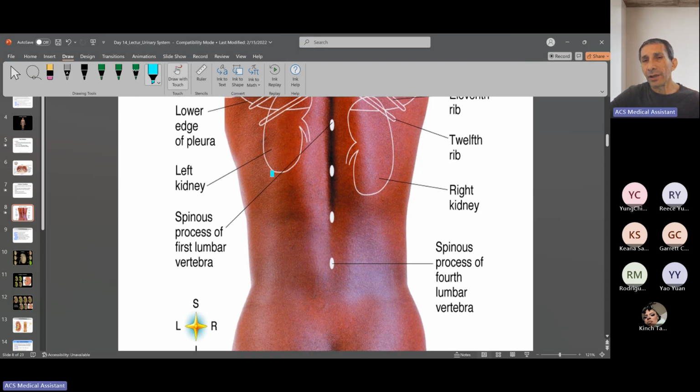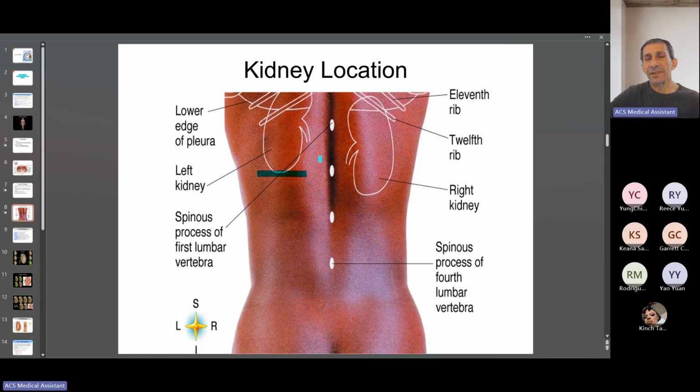And you can see right here that this is the left because the patient is facing us. So we are facing the back of the patient. So we are in the same position. So we can say that this is the left and this is the right kidney. So the right kidney is a little lower than the left kidney. That is just because of some anatomical structures within. No worries, just know that.